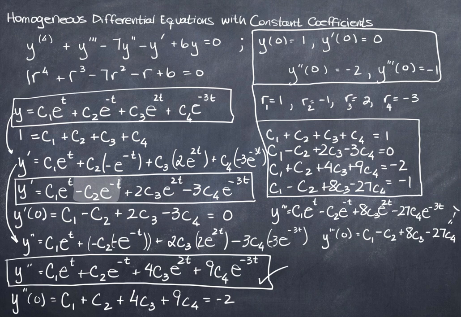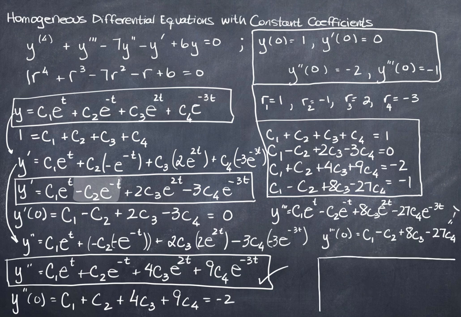But there is a way to do this on your calculator. Maybe I'll make a separate video for that, just so that I can show you how to do that if you don't already know. But in general, find the solution to this system of equations, and you have the coefficients that you need for your general solution. I'm just going to do that on my calculator, and I'll come back and put those down here.